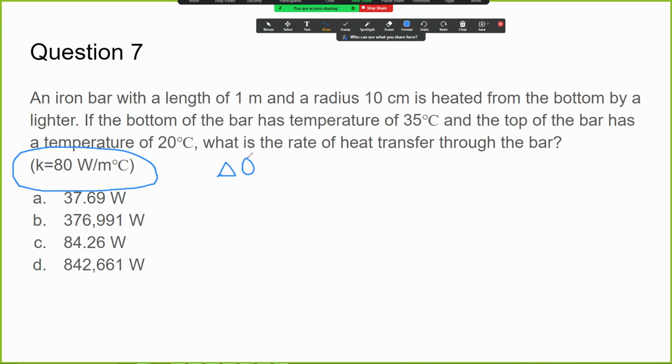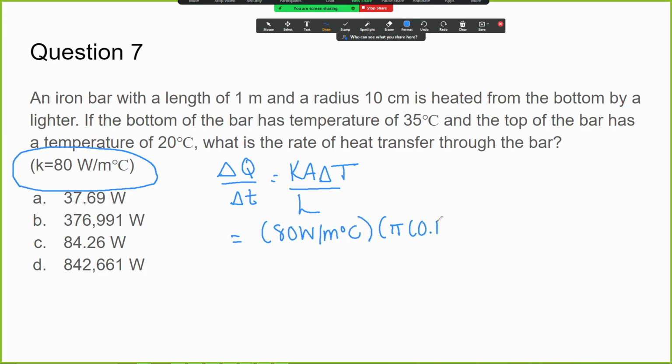So we're trying to find delta Q over delta T, and we know that is equal, as I said in the last slide, to K A delta T over L. This is just a bunch of math at this point: 80 watts per meter degrees Celsius times our area. We have a radius of 10 centimeters, so that's 0.1 meter.